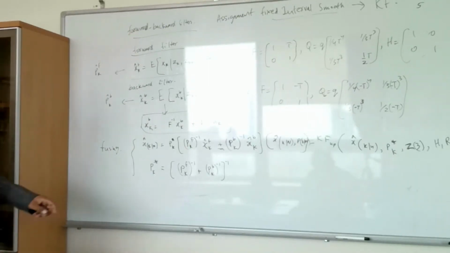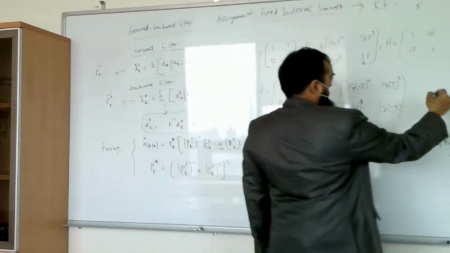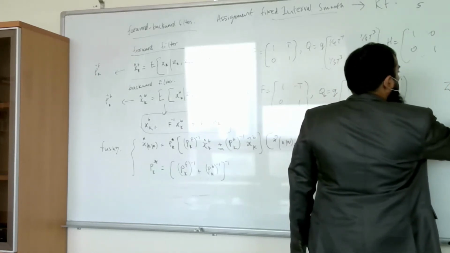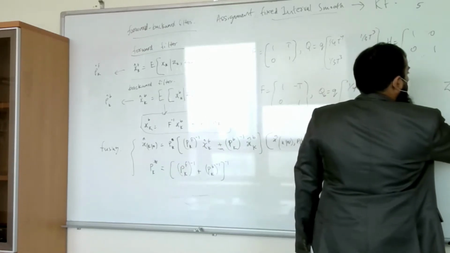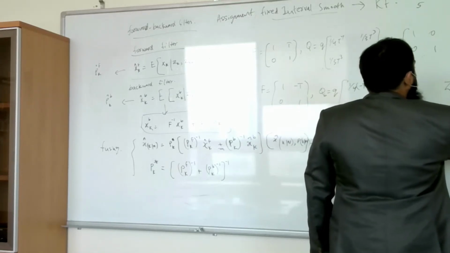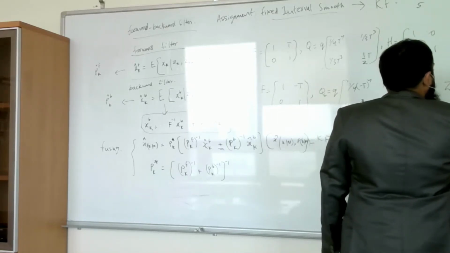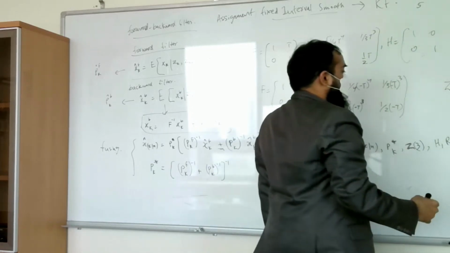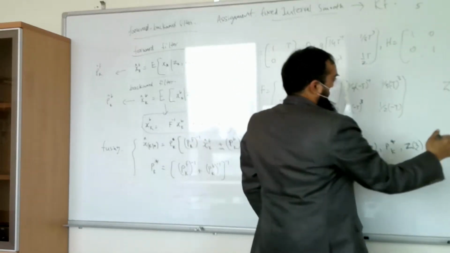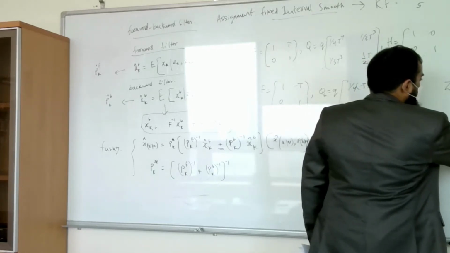And N is this thing. So, the interval. Suppose there are n measurements in the interval, like Z1, Z2, Z3 up to Zn.